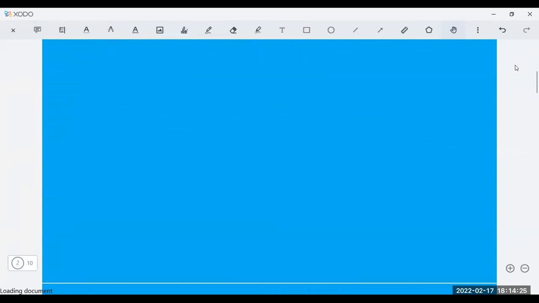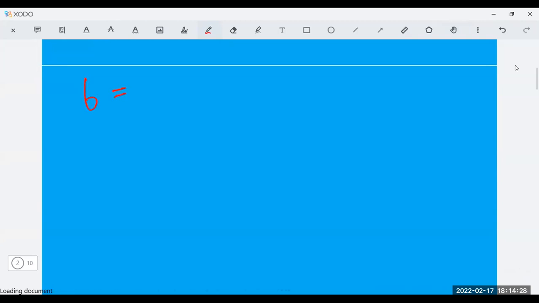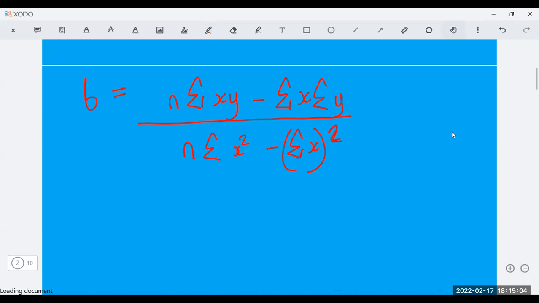So B is equal to, it's almost the same as the formula for R. It's n times the sum of x times y minus the sum of x times the sum of y, divided by, now look at this, Jamie, because B and R have a very similar formula, n times the sum of x squared minus the sum of x all squared. And that's how we're going to find the gradient B.